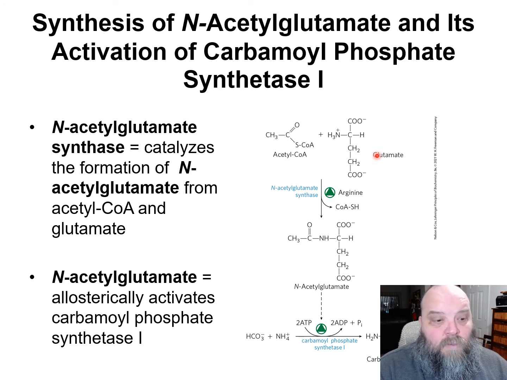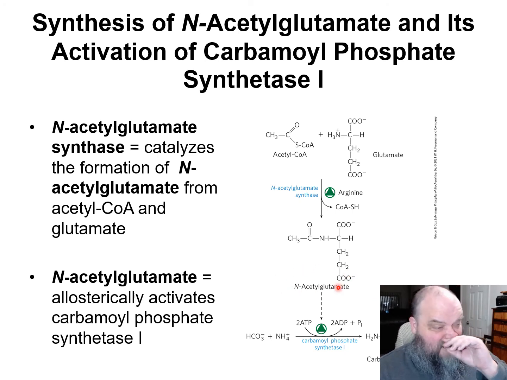What can we do? Well, acetyl-CoA and glutamate, in high levels of arginine, an amino acid, so your amino acid pools are high. You could take acetyl-CoA and glutamate, and the enzyme N-acetyl-glutamate synthetase is going to form N-acetyl-glutamate.